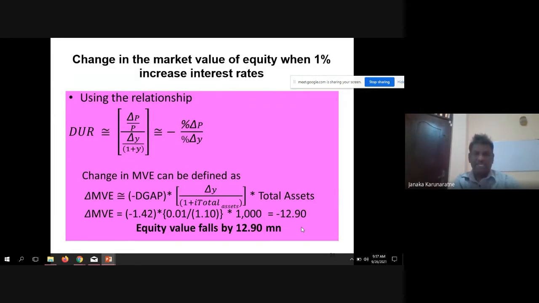So basically, that's about 15% drop, almost more than 15% drop. 12.9 divided by 80. So for 1% interest rate change, even though duration gap is only 1.42, there's a 15% drop. So this gives the gravity level of interest rate risk.